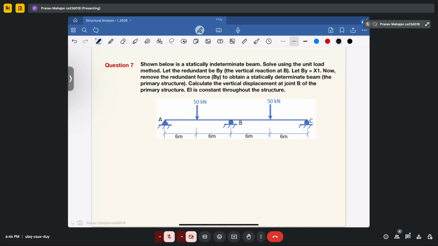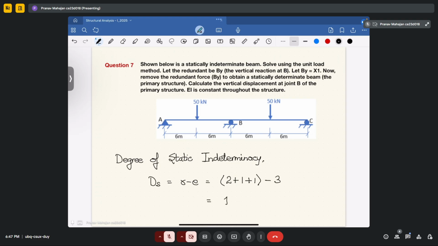So first of all, we will determine the degree of static indeterminacy in this case. So your degree of static indeterminacy is equal to ds equal to r minus e. Your r here is 2 in the hinge support, 1 in the roller support, and 1 in the another roller support, minus 3, which is the total number of equilibrium equations.